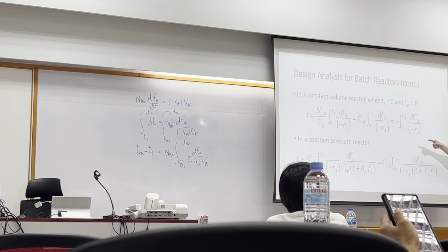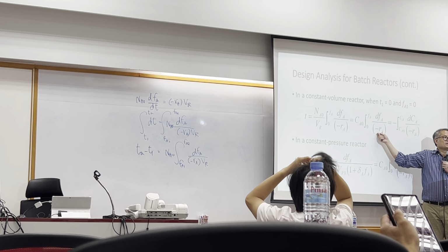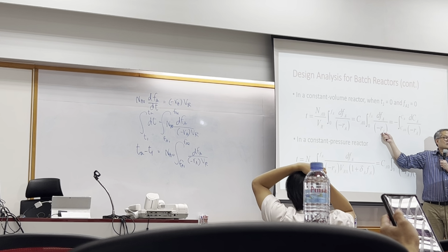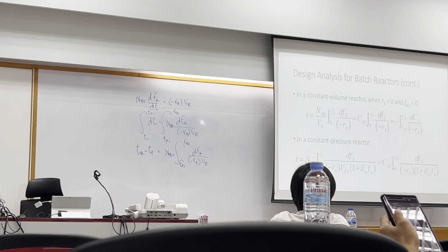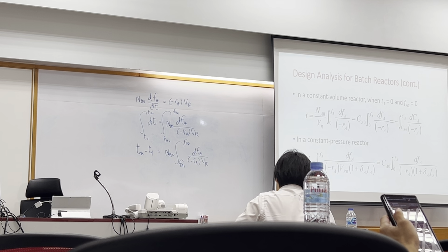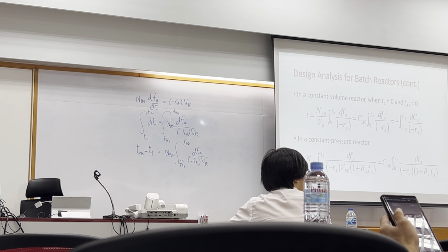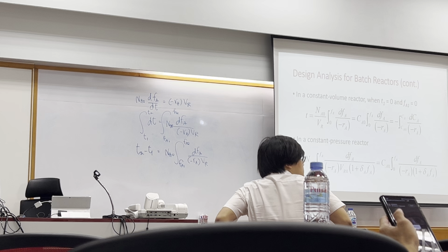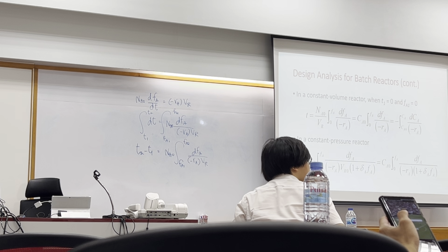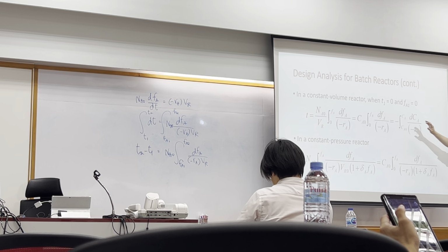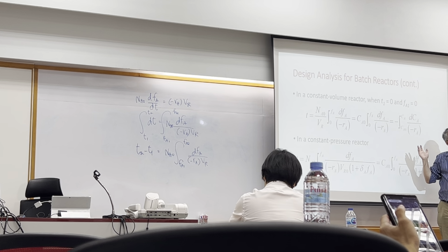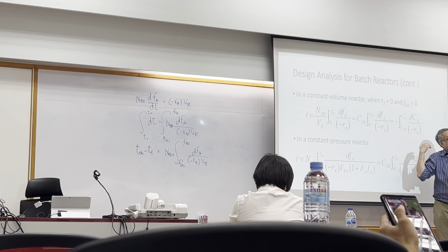So to use this integral, you need to write the rate expression in terms of conversion, which means you need to know Ca equals Ca0 times 1 minus Fa, right? And you plug it in here, you get K times Ca0 times 1 minus Fa to the n power, right? When you plug this in here, then you integrate. So you still need to integrate now.